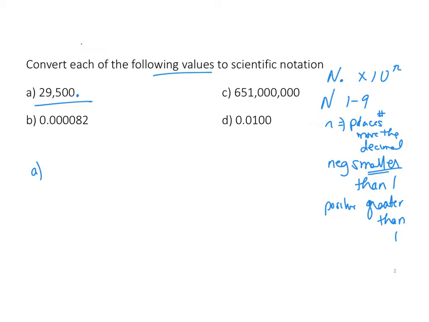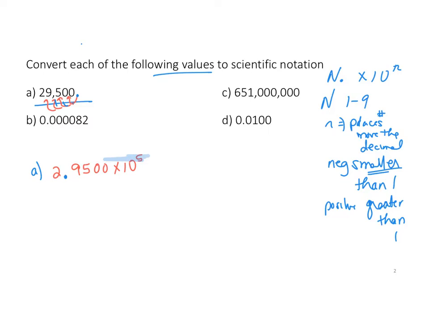And so if we move this decimal here, we're going to have to move it 1, 2, 3, 4 places. So 2.9500 times 10, we moved it 5 places? So you see that now the decimal is between the 2 and the 9. Did we move it 5 places? Okay, wait. 1, 2, 3, 4. We moved it 4 places, didn't we?